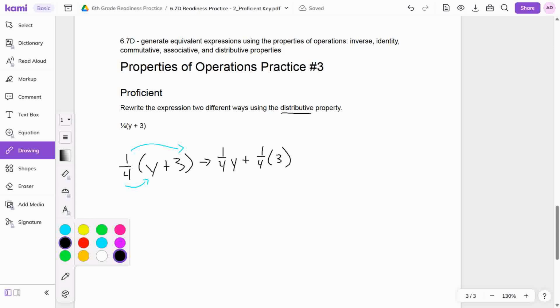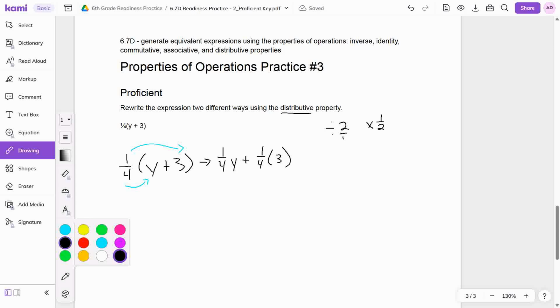Multiplying by a number is the same as dividing by its reciprocal. So if I divide by 2, for example, that's the same as multiplying by its reciprocal, 1/2. Cutting something in half is the same as dividing by 2. And 1/2 is just the reciprocal, the upside down version of 2 over 1, right? And I did the inverse operation. So since I'm multiplying by 1/2, I can divide by the reciprocal.